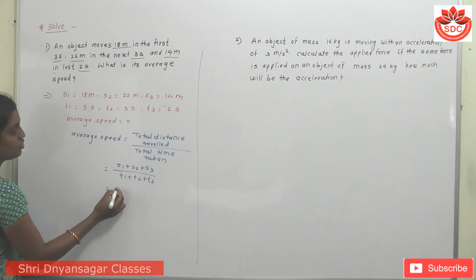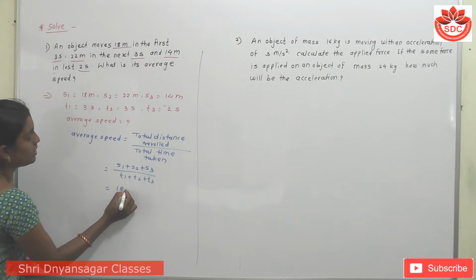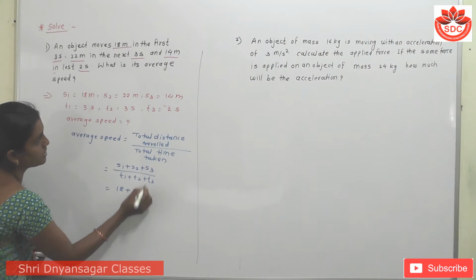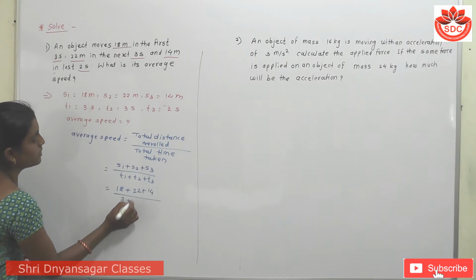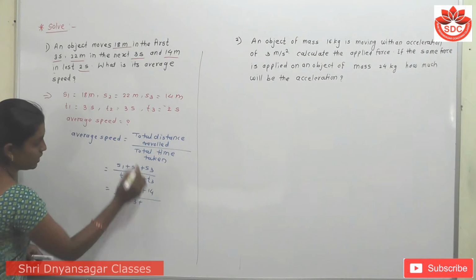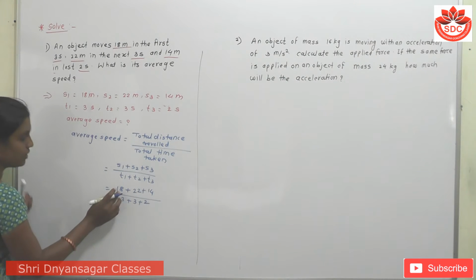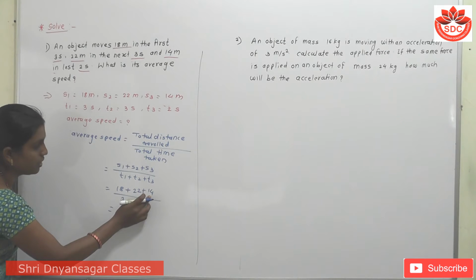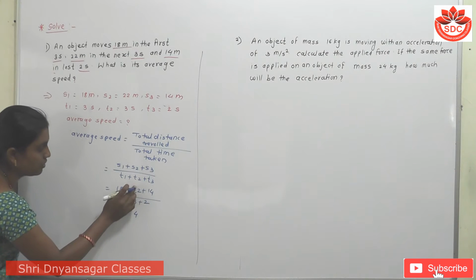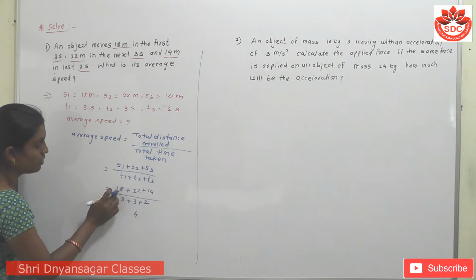So S1 plus S2 plus S3. S1 is 18 plus 22 plus S3 is 14. Upon T1 it is 3 plus T2 is 3 plus this is 2. So we get, add it, 8 plus 2, 10, 10 plus 4 it is 14 carry 1, 2, 3, 4 and 5.